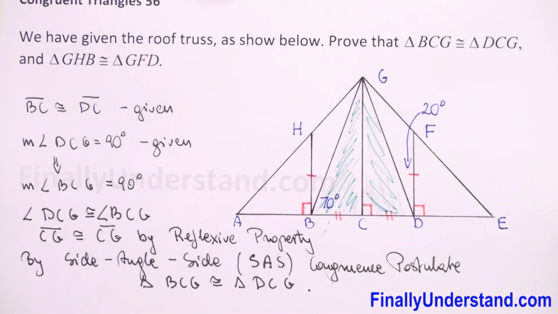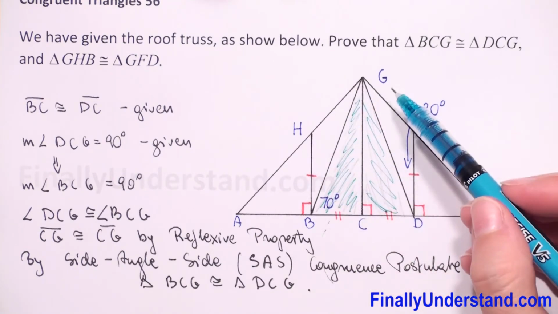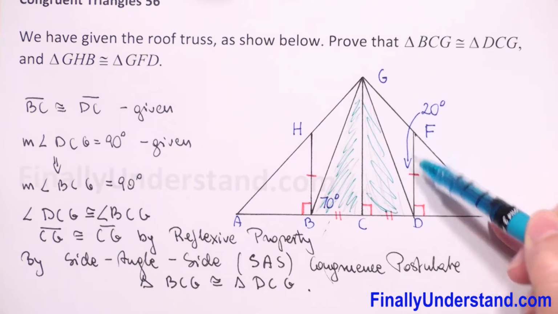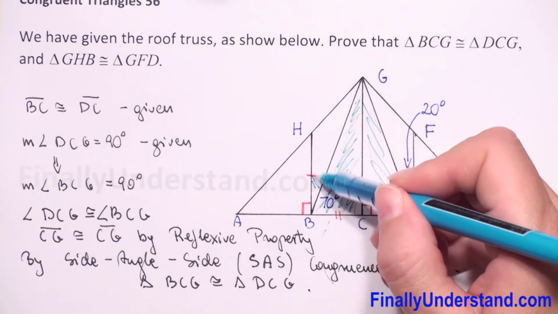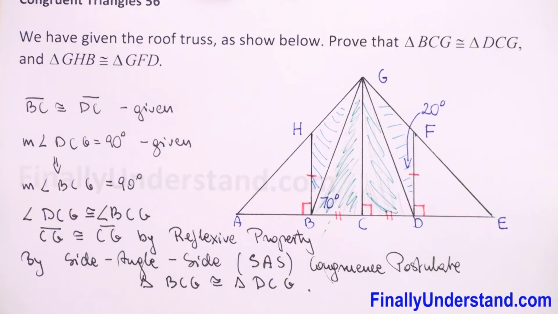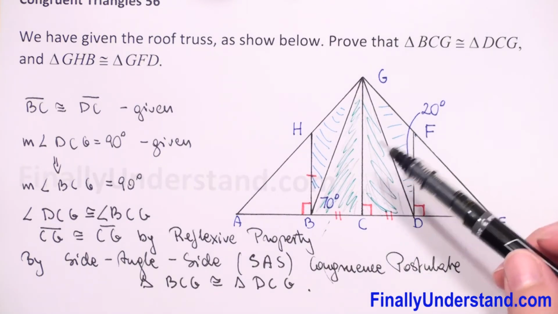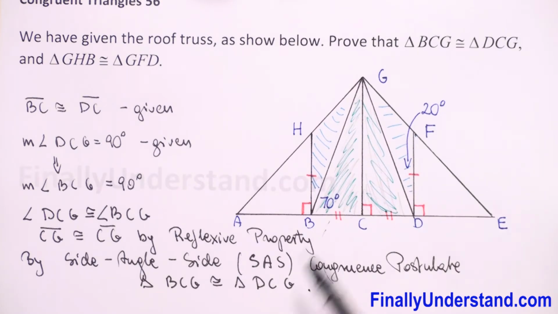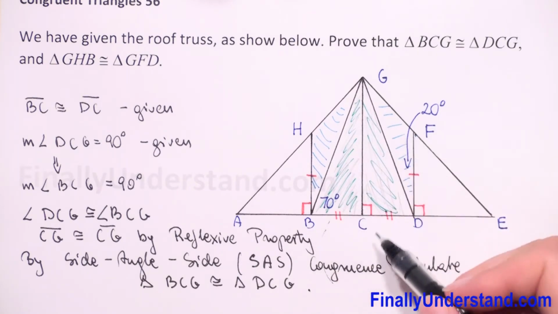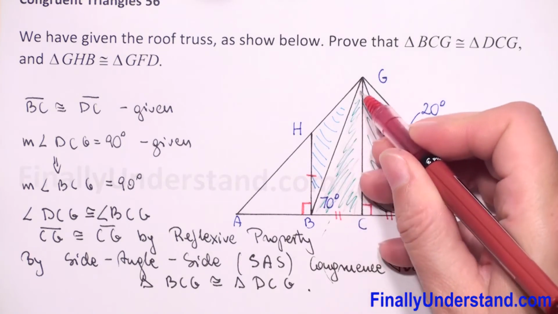We have to show also that triangle GHB is congruent to GFD. So let me shade a different color. These two triangles are congruent. So let's see what we have here. Because we just showed that triangle BCG is congruent to DCG, it means that the hypotenuse, because we have right triangles here, so this is our hypotenuse.